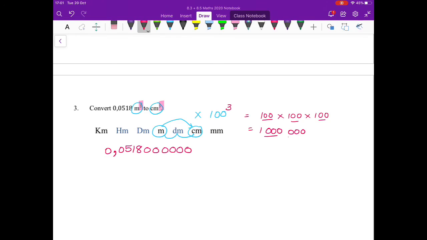I'm multiplying by 1,000,000, 6 bunny hops: 1, 2, 3, 4, 5, 6. Which is going to be 51, and you can see I've chopped it off there because I count 3 from the back, so it's 51,800 centimeters cubed. As I said, there's no test your understanding, but you need to know these concepts to be able to work with area and volume.